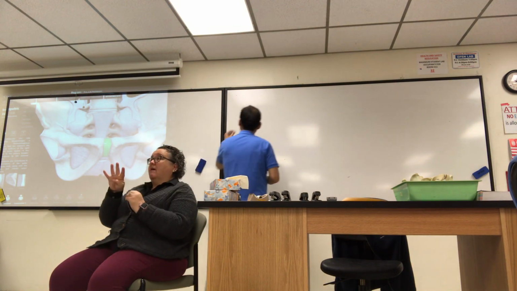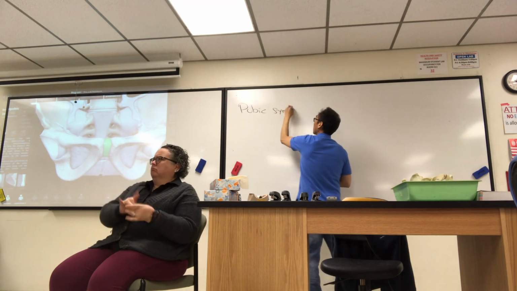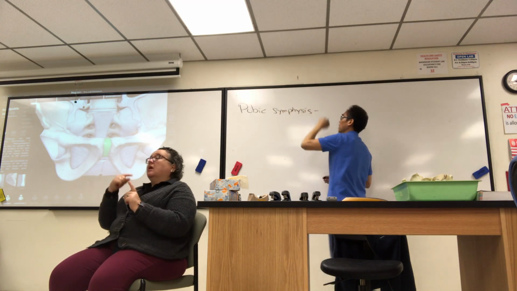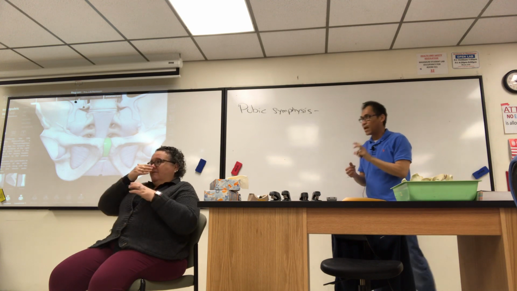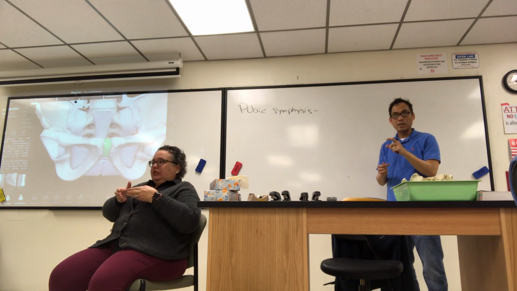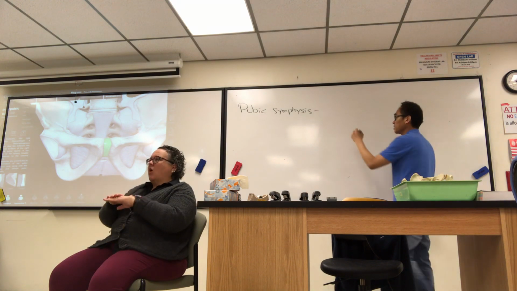So that joint is called the pubic symphysis, and basically it's a cartilaginous joint. We name joints and describe them based on the tissue that binds the two bones together, so this one's cartilaginous.